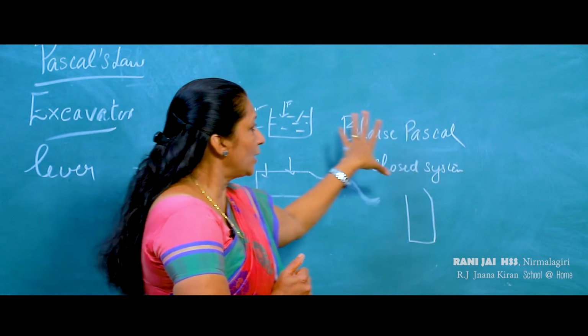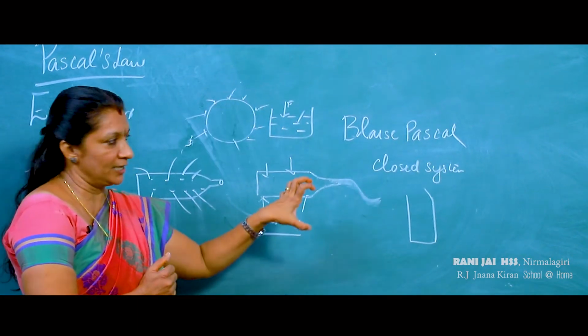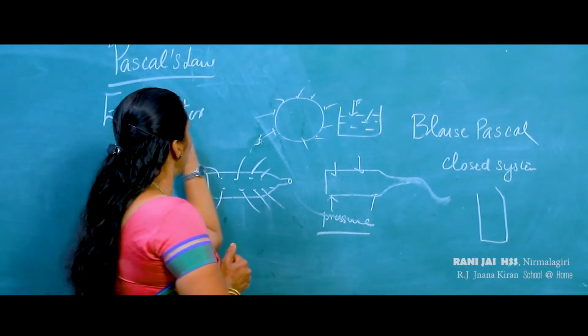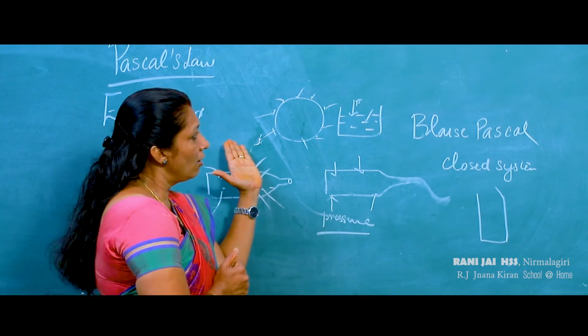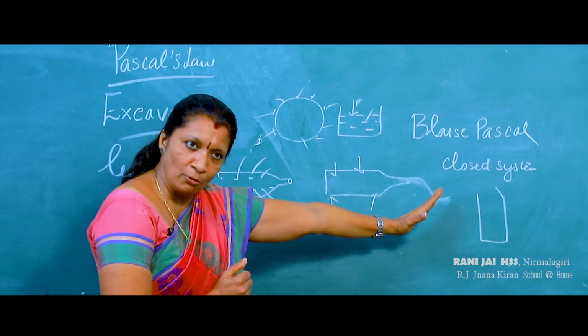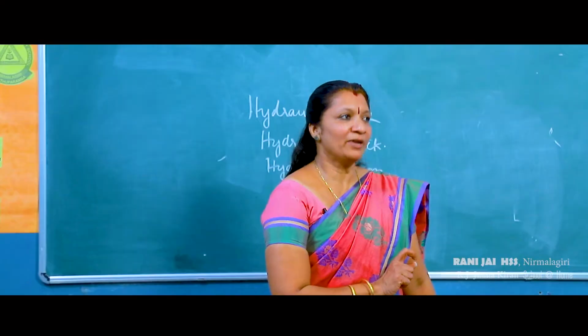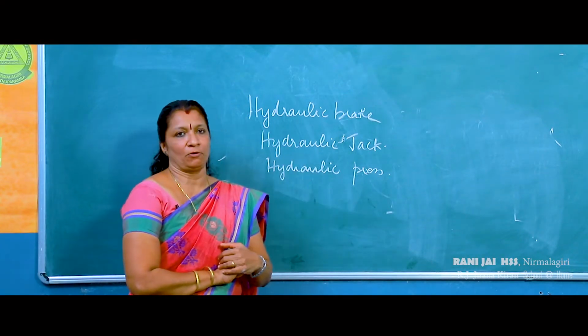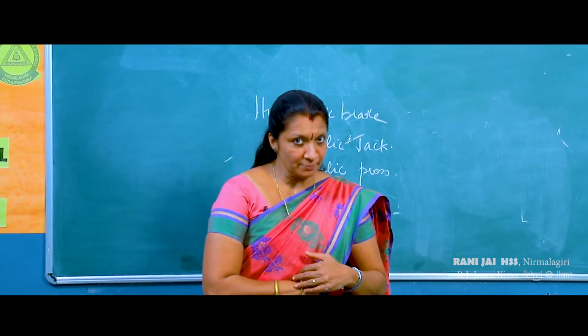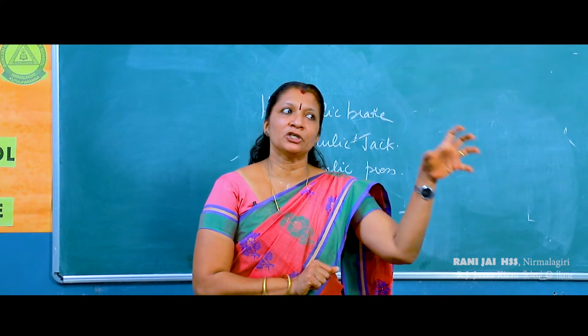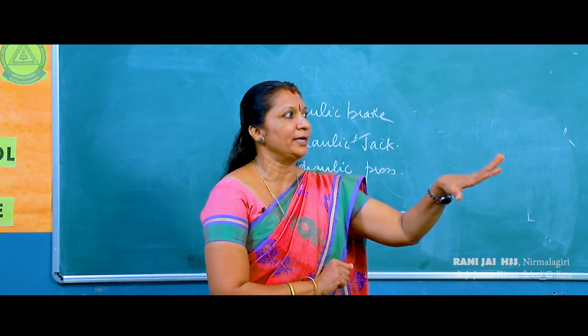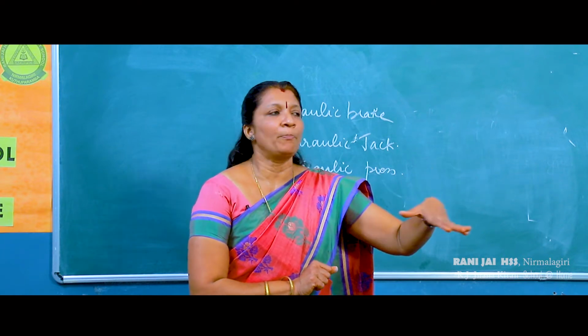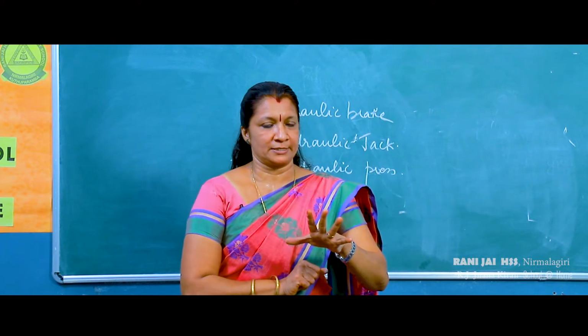Understood? So I think all these points, did you understand now? Here we have dealt with Pascal's law and how it is taking place. Now we are going to study examples using this Pascal's law or principle. What is the principle? If you apply pressure at one point, equally it will be transmitted to other points also in a closed system.